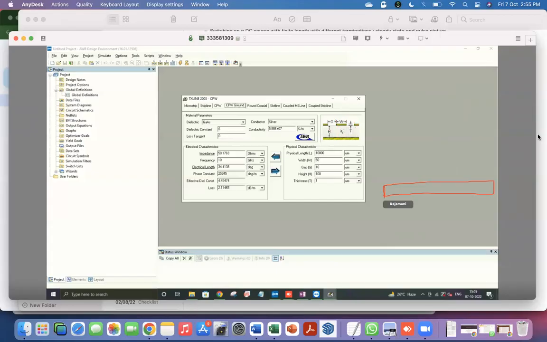So that's the bottom ground plane. That's your center conductor, and this is your side ground plane. So in order for these two to be at the same potential, one either uses air bridges, which are actually wires which go from the top like this, and you can connect them at periodic intervals along the length of the transmission line.